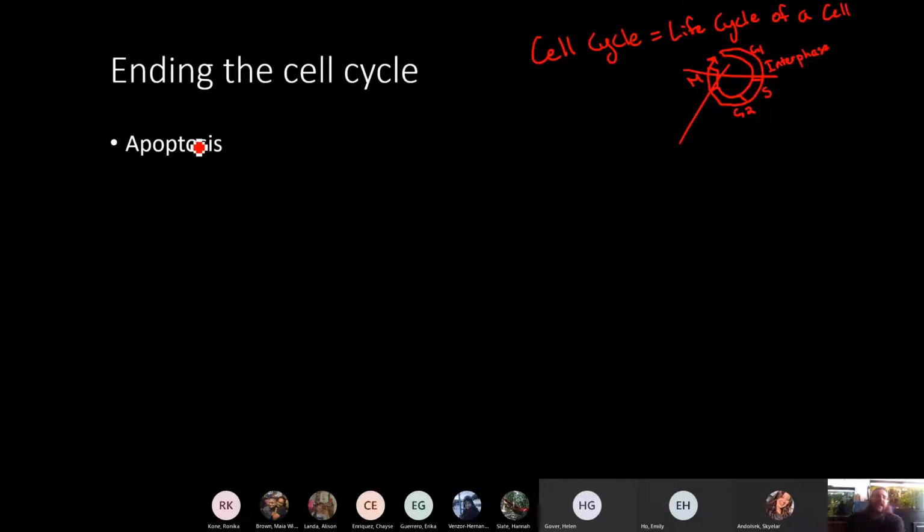The process is called apoptosis. This is cell death. You can end up with apoptosis from two sources. In one source, you have programmed cell death.